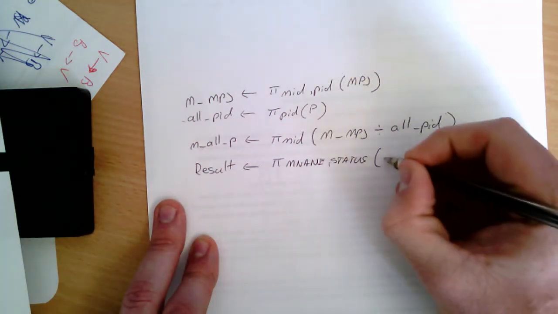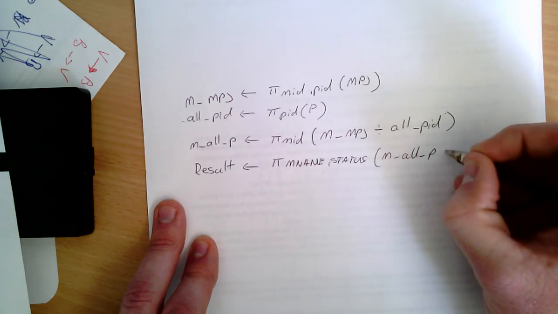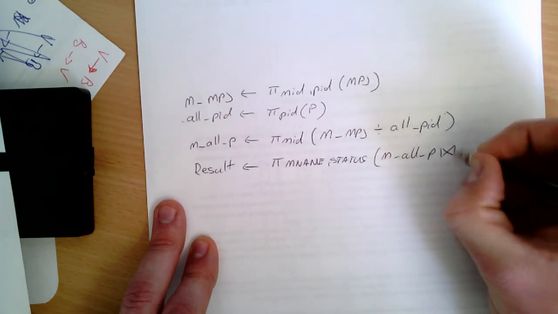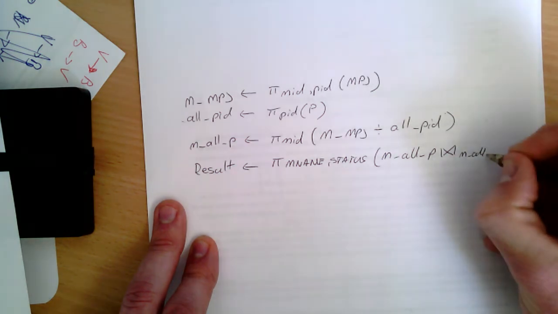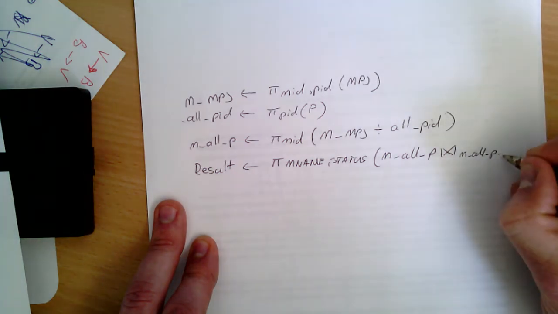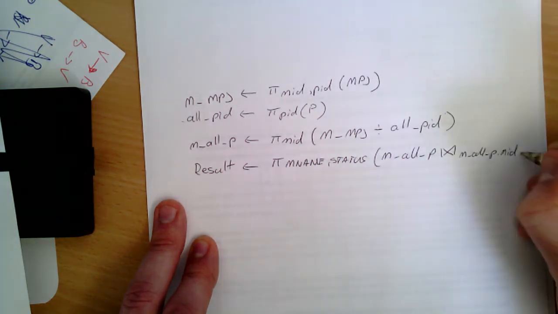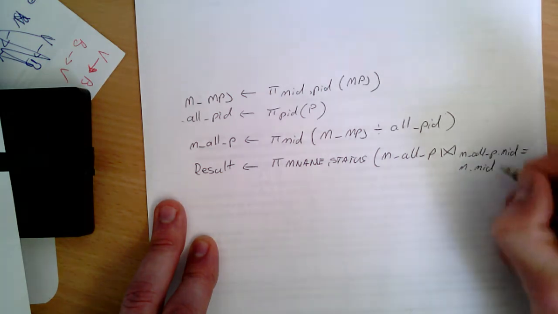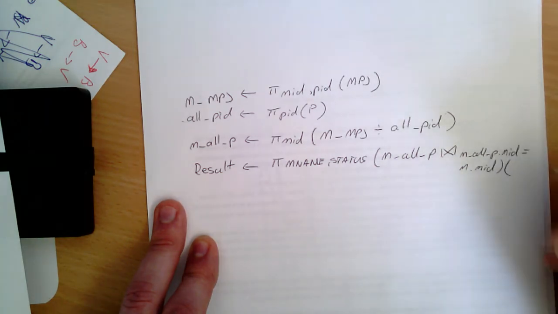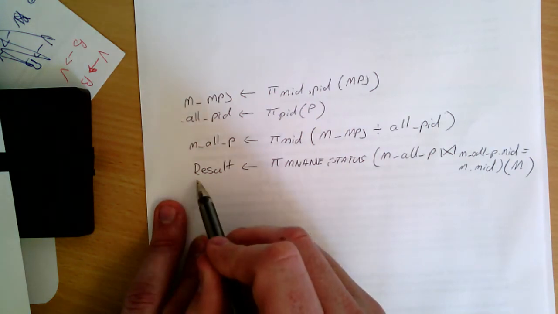We're going to join m_all_p using a join operation, joining on m_all_p.MID equal to the m.MID field, and we apply that to the m table. And that gives us our final result.